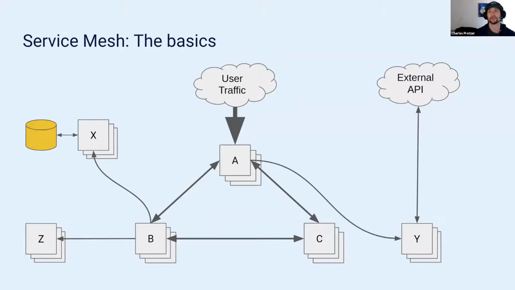In a real world application, what we see is much more than just a simple A, B, C service talking to each other. What we have is an application that gets user traffic, and you have multiple services, especially when we're talking about a microservices environment. So in this case, in a real world application, we see multiple services that are communicating with each other. Some of these services may be communicating with a database like YugabyteDB. Other services may be communicating to external APIs.